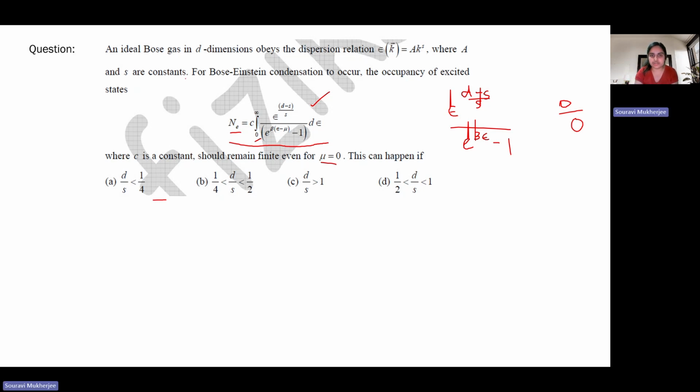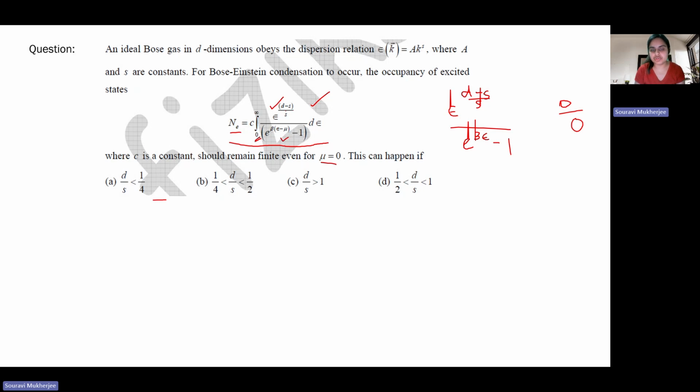So we used to keep on doing the derivatives till we get a defined value, right? So now, for this to be defined, when mu is 0, this would have a 0 by 0 form because you have a lower limit of 0. So for this to be defined in the limit of epsilon tending to 0 while mu is also 0, how will you define it? You do multiple derivatives of the numerator and multiple derivatives of the denominator.